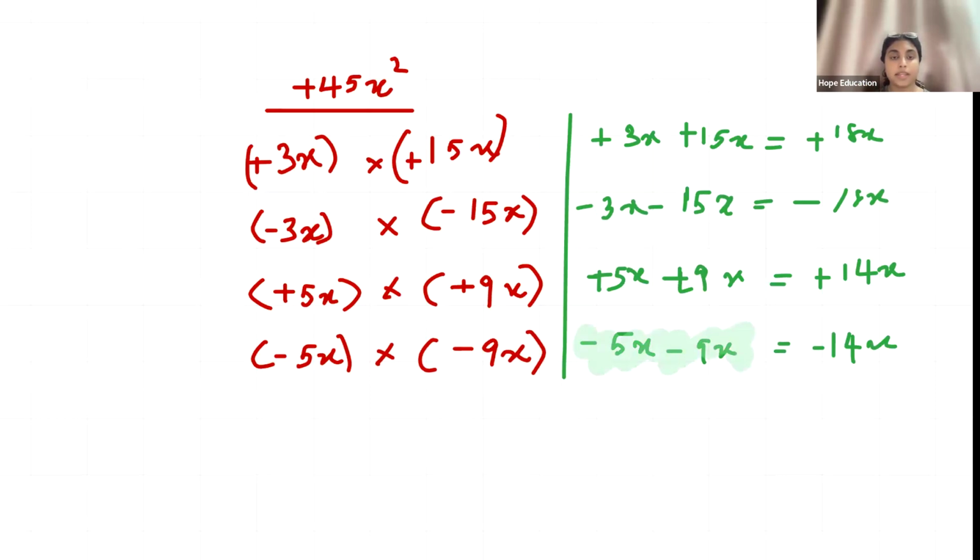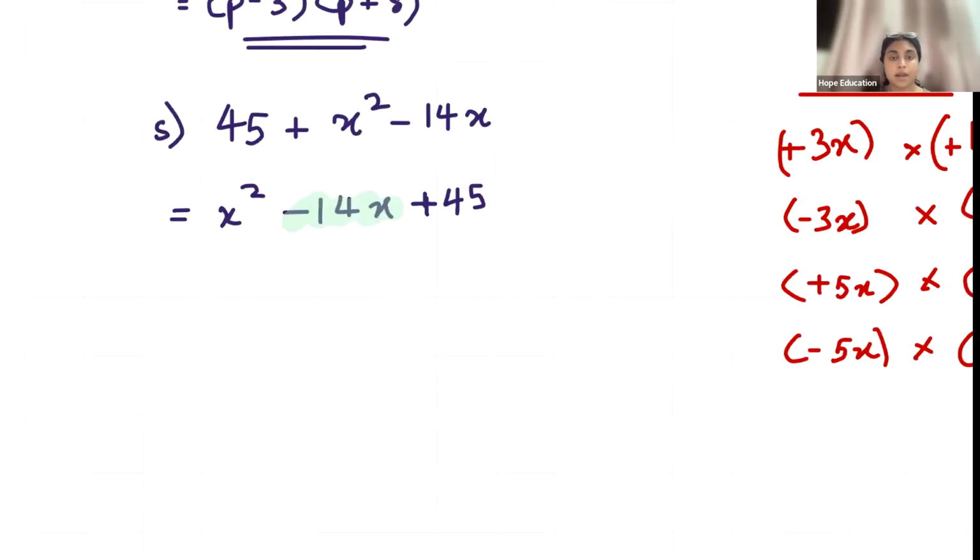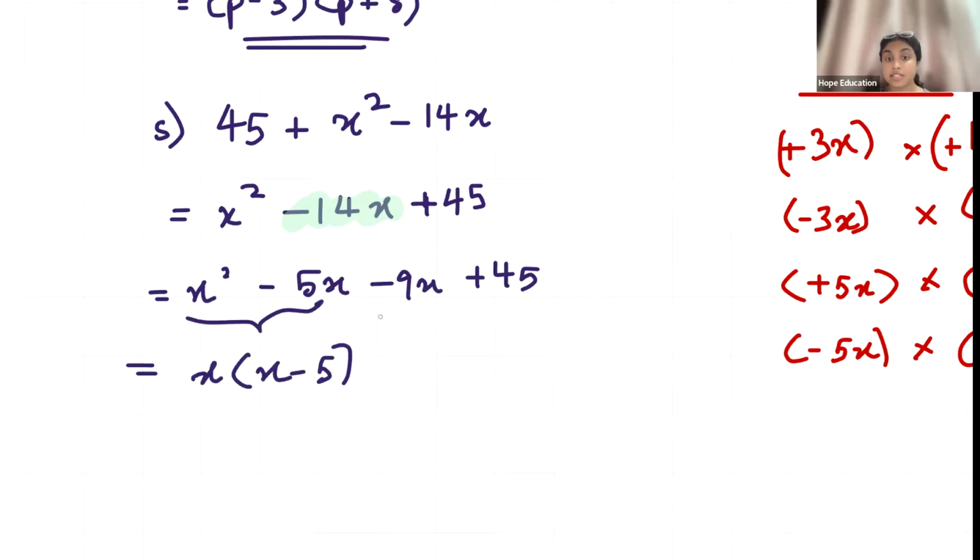X squared minus 5x minus 9x plus 45. If you take the first two, x is common, I take x out, so I get x minus 5. If you take the last two, I take minus 9 out, so I have x minus 5.